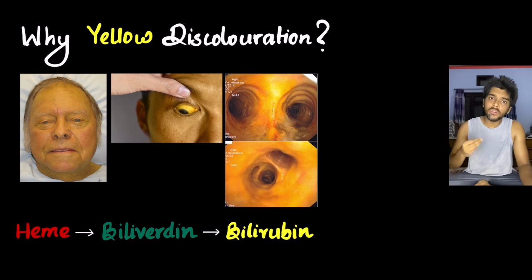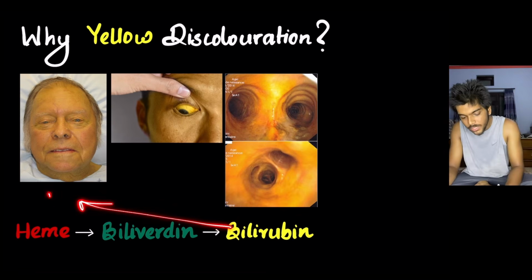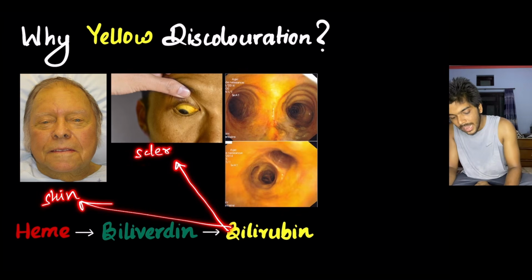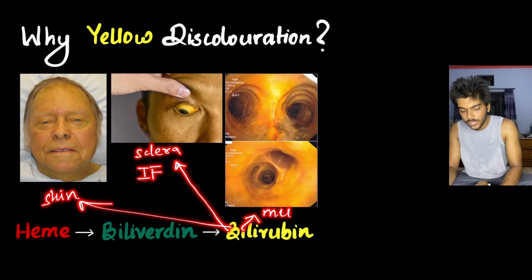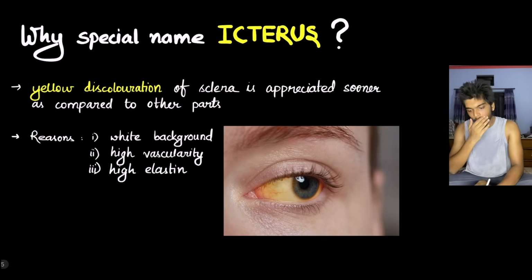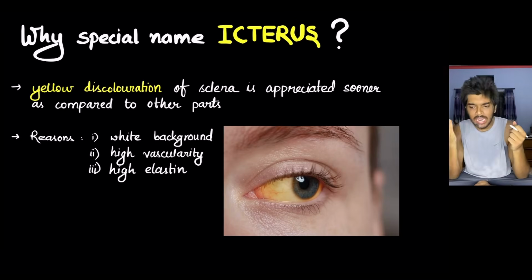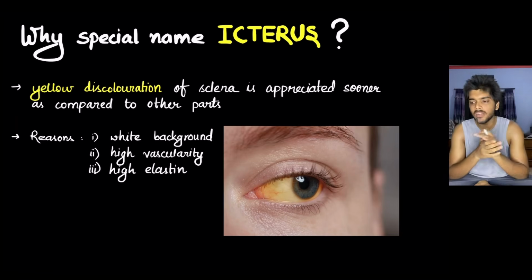So if bilirubin goes and deposits somewhere, it is going to impart yellow coloration to that somewhere. Simple. So it goes and deposits where? In the skin, in sclera and interstitial fluid, and in mucosa, turning them yellow in color.